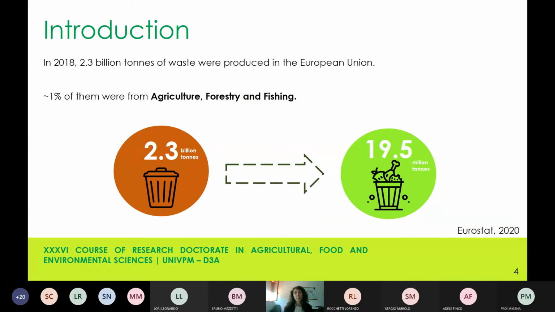One of the main problems of the European Union is the generation of wastes. According to Eurostat, in 2018, 2.3 billion tons of wastes were generated in the European Union. Of them, almost 1% comes from the agri-food supply chain, namely agriculture, forestry, and fishing. The agri-food supply chain produces a large amount of highly pollutant wastes, rich in valuable organic matter and also moisture.